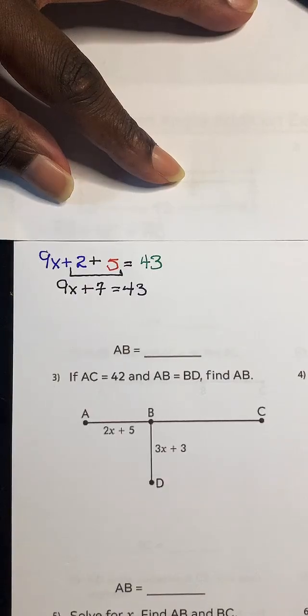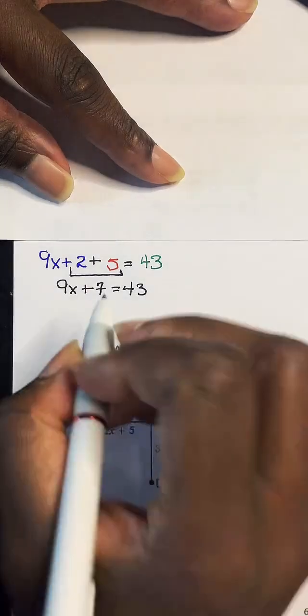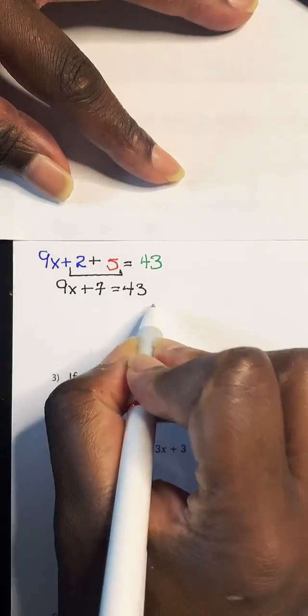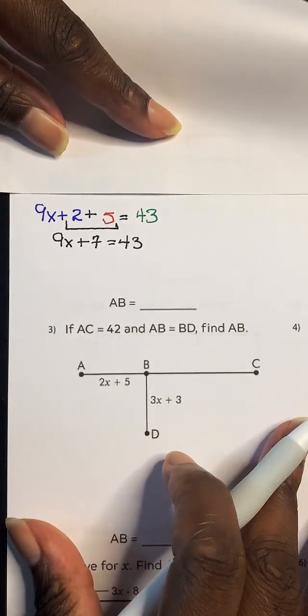Since we're solving for x, we want to isolate our x as much as possible. So our next step is to get rid of this 7, move it to the other side of the equal sign.